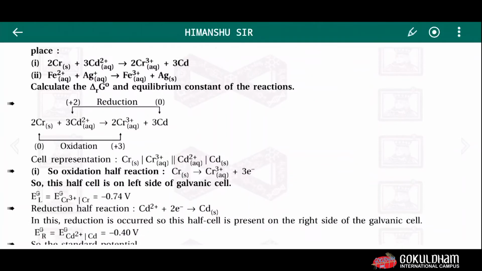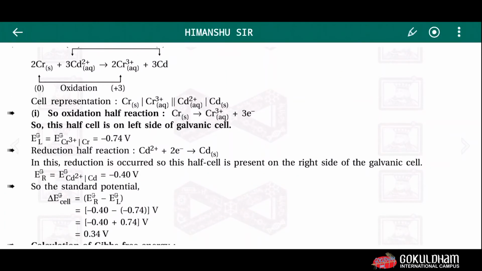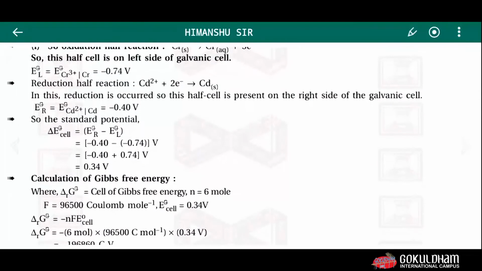So we know E0 cell is equal to E0 right minus E0 left. On the right hand side there is cadmium, so we put the value of cadmium, minus 0.40, minus the value of chromium, minus 0.74. Then your delta E0 or E0 cell is 0.34 volt.